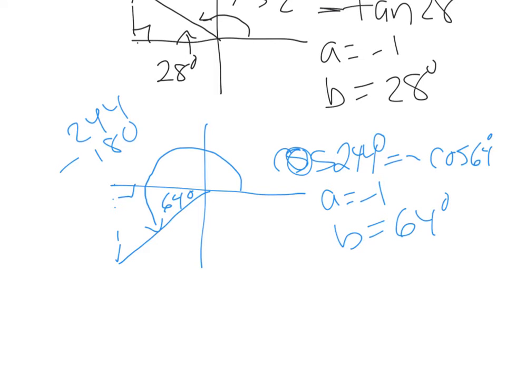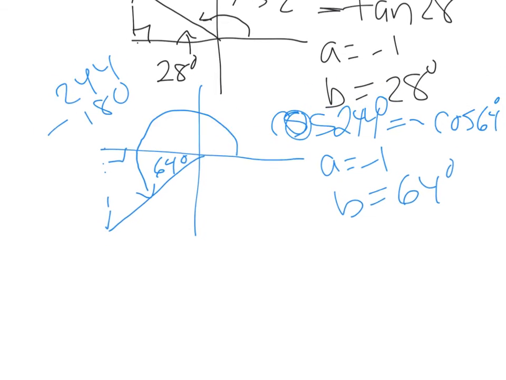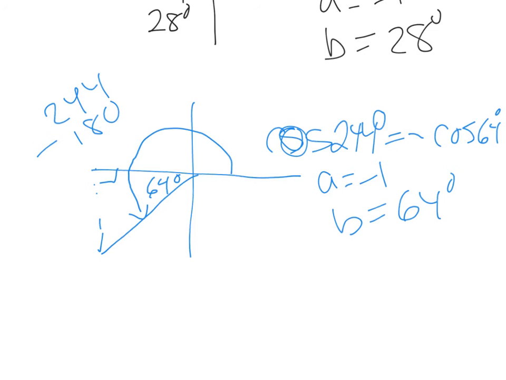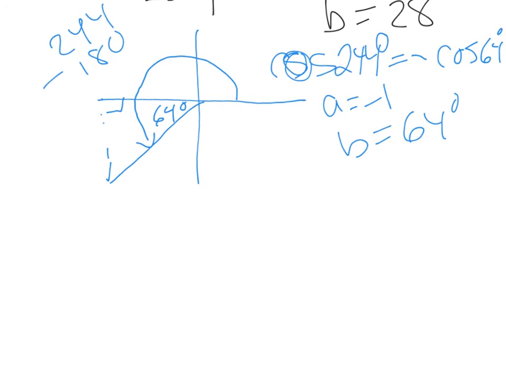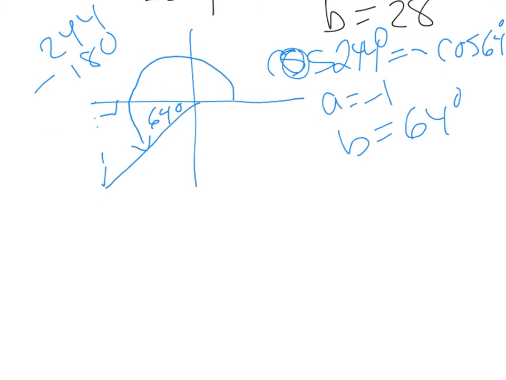Okay, let's see. C, we're getting a little more interesting here if we move to C. So let me move everything up a little bit. Because notice C, unlike the other two, where the trig function was the same on both sides, is not the case here. Okay, so let's look at this.